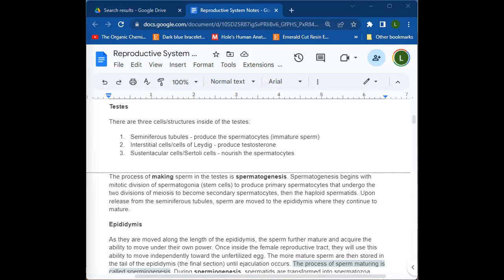The seminiferous tubules are there to produce sperm. Then the interstitial cells are there to produce testosterone. And then the sustentacular cells are there to nourish the sperm.